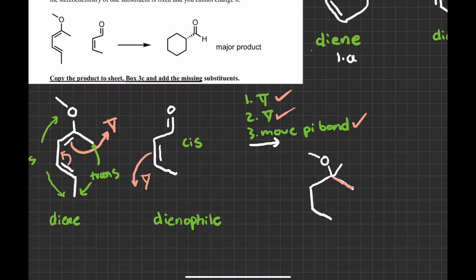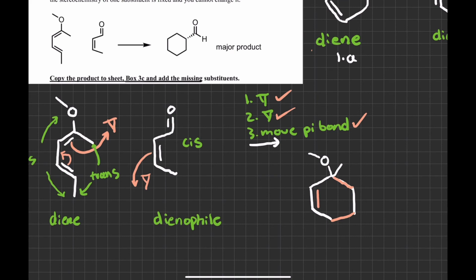So that's this bond right here. Now we're starting with the backbone of the dienophile. So the dienophile starts here and forms a new sigma bond here. And the pi bond that was previously here on the diene will move here.